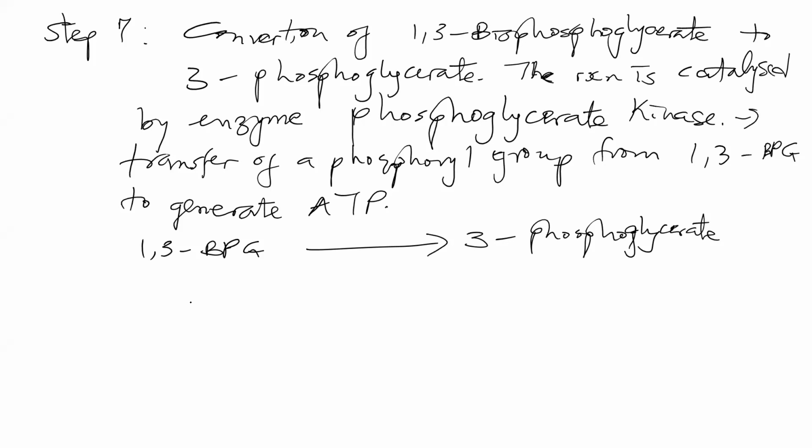All right, the structures. So we have a COH there, a hydrogen, and we have CH2OPO3 2 minus for the phosphate.